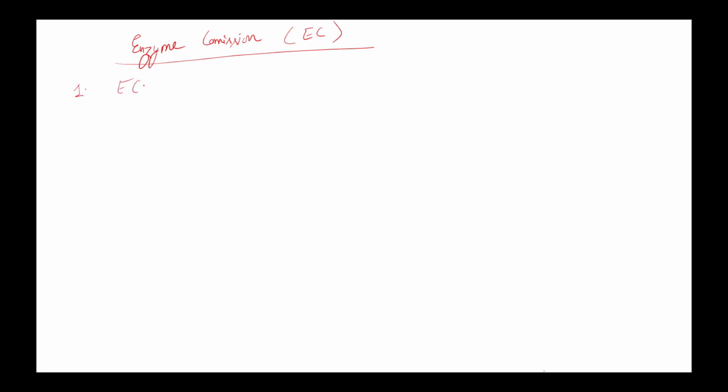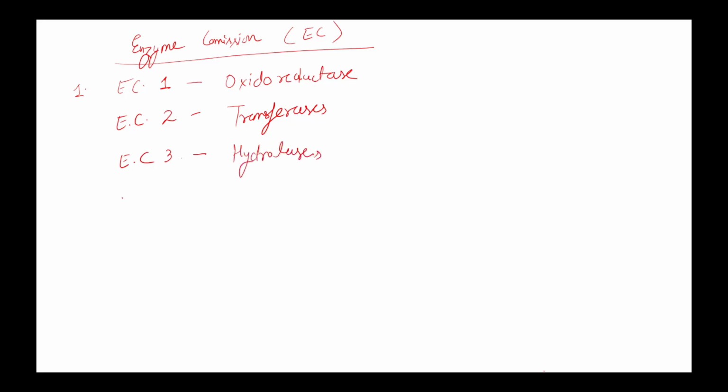The first class is EC1, oxidoreductases. EC2 is the transferases. EC3, hydrolases. EC4, where all the lyases come.